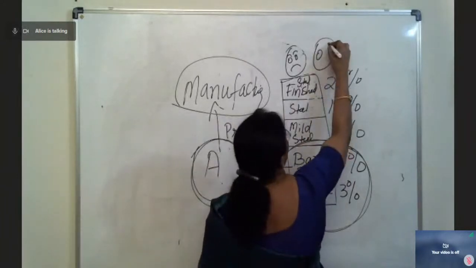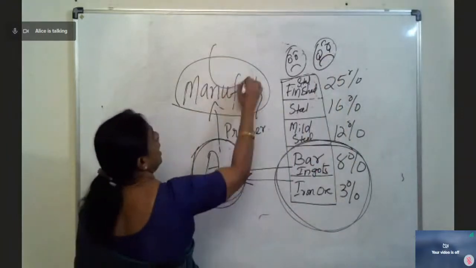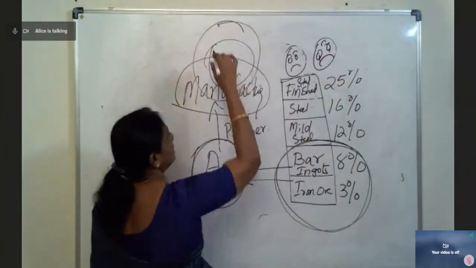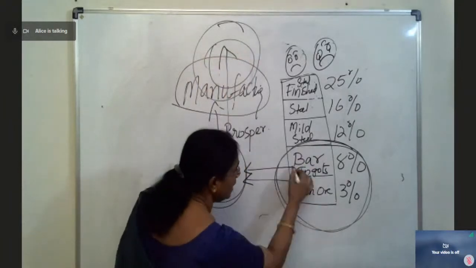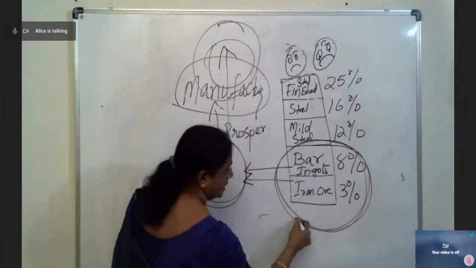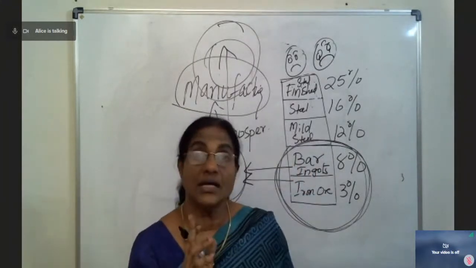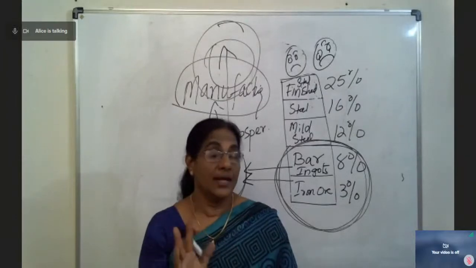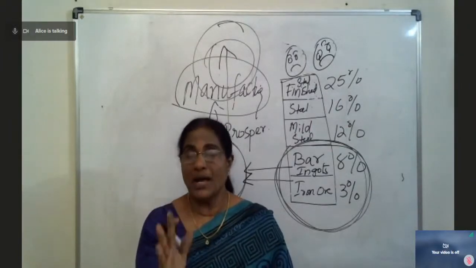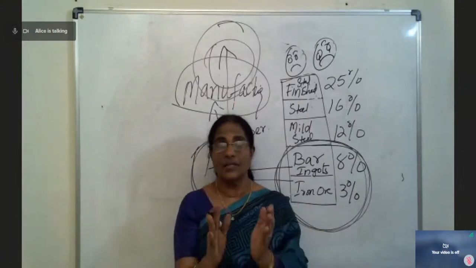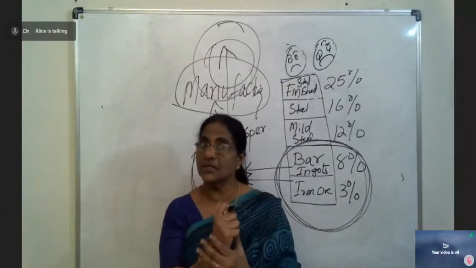So we will remain poor, and these people will become richer and richer because their manufacturing industries prosper by buying our raw material and semi-finished goods. That's why the escalated tariff structure is highly discriminatory. It does not allow manufacturing industries of underdeveloped countries to develop. Okay, you see the secret?